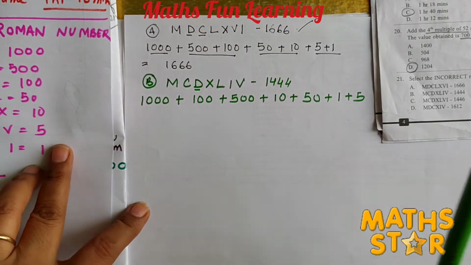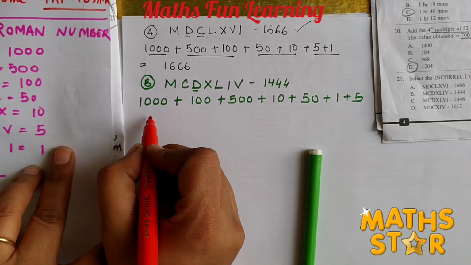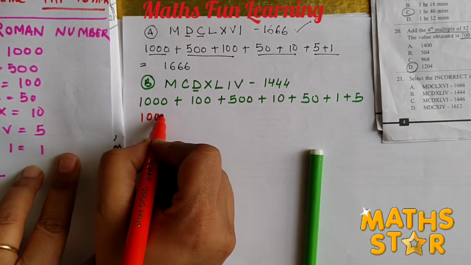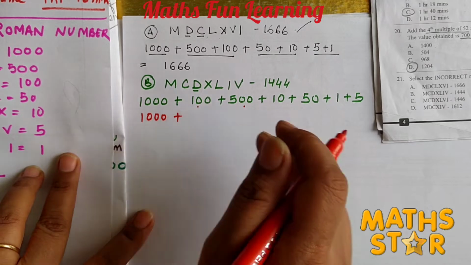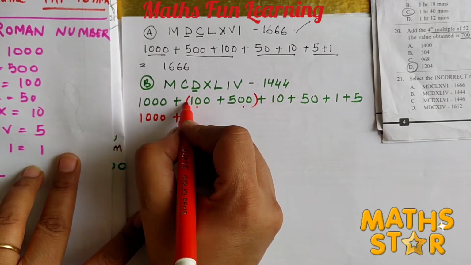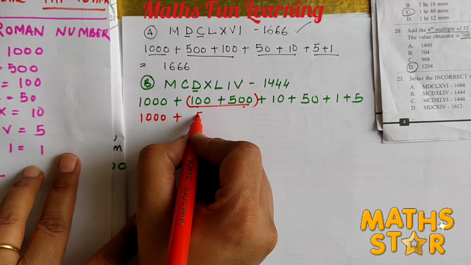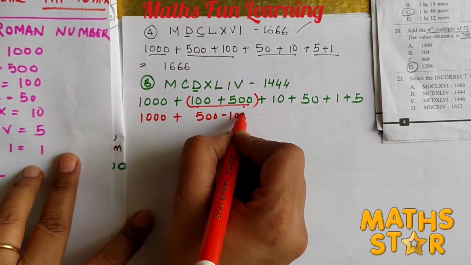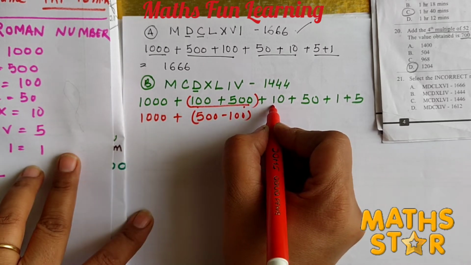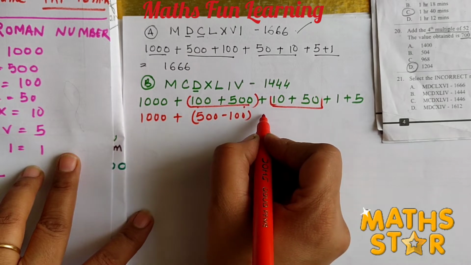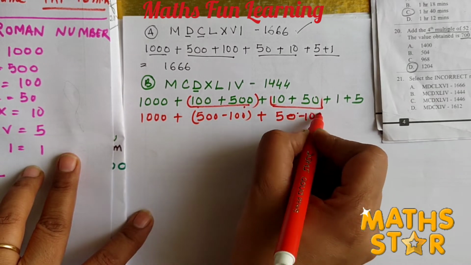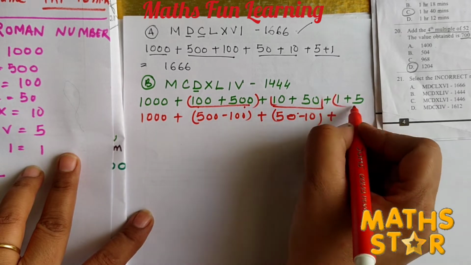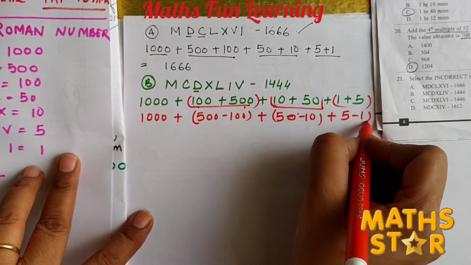Here you observe that when a smaller number is on the left side of a bigger number, it starts subtracting. So 50 minus 10, and 5 minus 1.